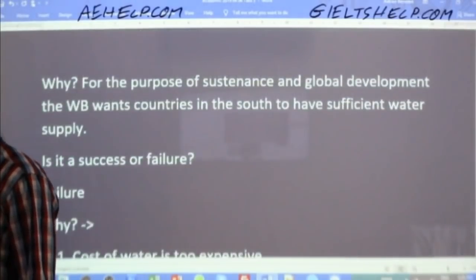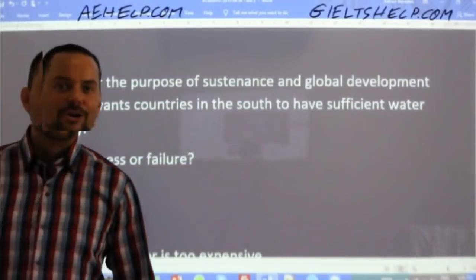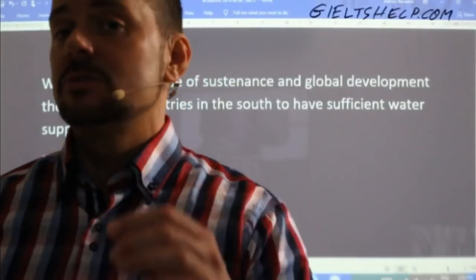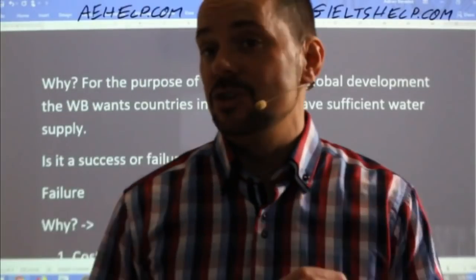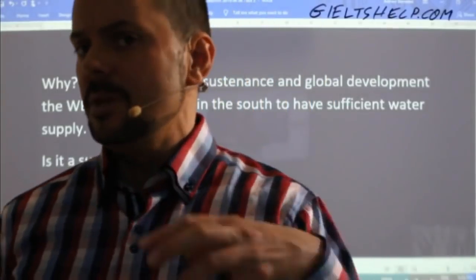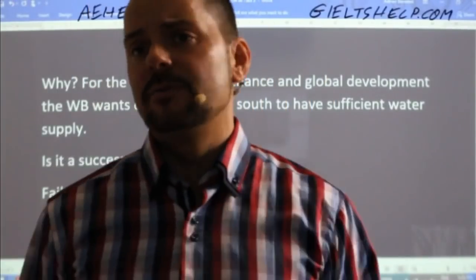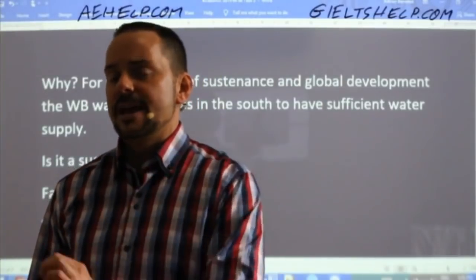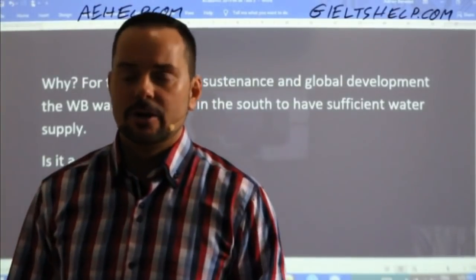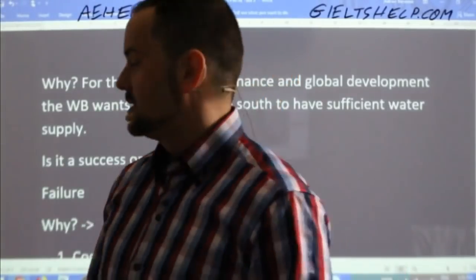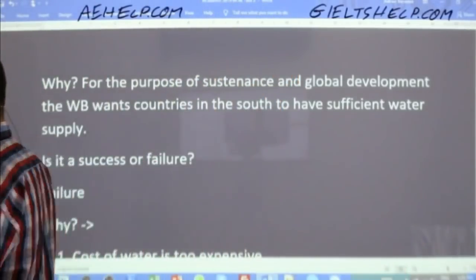This is my $1 million question or request to you, is write a good thesis that shows the IELTS examiner that you understood this question clearly and you're able to give a good answer. Rahul, remember what I said, we're not doing positive and negative, we're just doing failure. So my argument is that this has been a failure for 2 reasons.